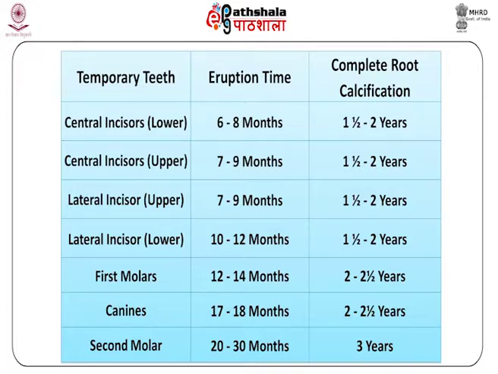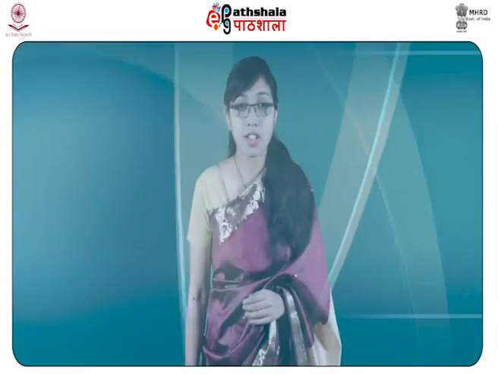For the first molars, the eruption time is 12 to 14 months, and for root calcification it is 2 to 2.5 years. Next, for canines, the eruption time is 17 to 18 months, and root calcification takes 2 to 2.5 years. For second molars, the eruption time is 20 to 30 months, and the root calcification time is 3 years.